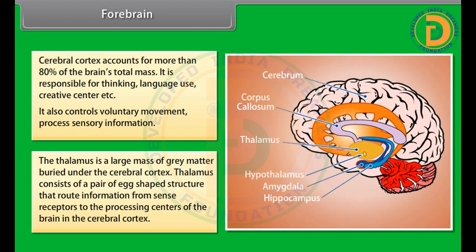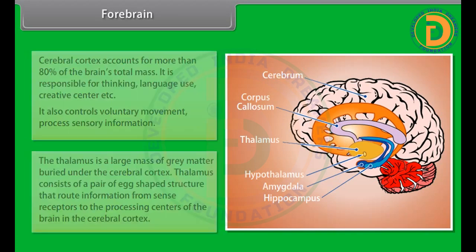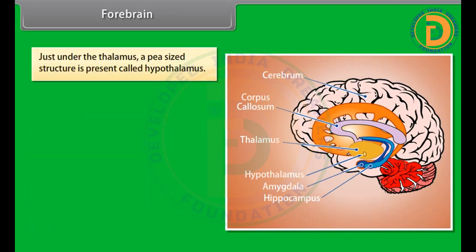The thalamus is a large mass of grey matter buried under the cerebral cortex. The thalamus consists of a pair of egg-shaped structures that route information from sense receptors to the processing centers of the brain in the cerebral cortex. Just under the thalamus, a pea-sized structure is present called the hypothalamus.